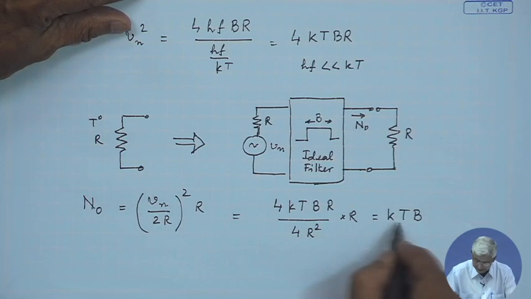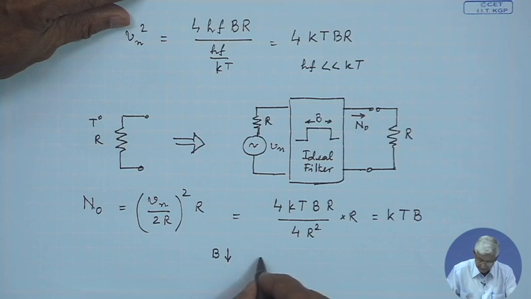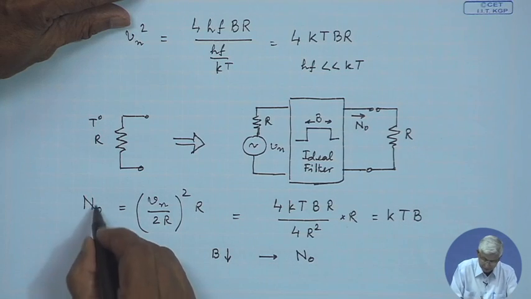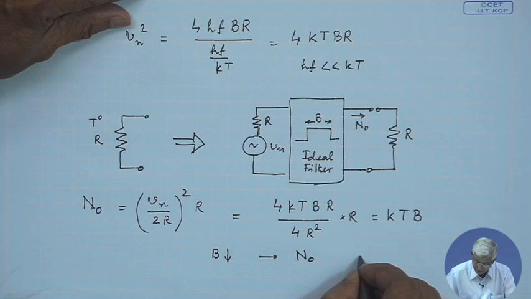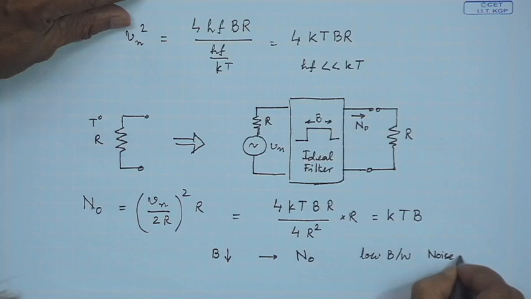But if you look at it more carefully, if you reduce the bandwidth B, then obviously the noise power will be reduced. If B is reduced, the noise power is reduced. That means for low bandwidth, noise is less.